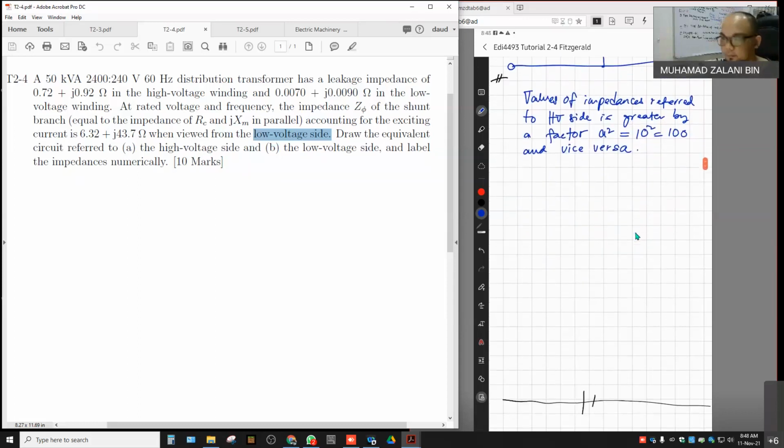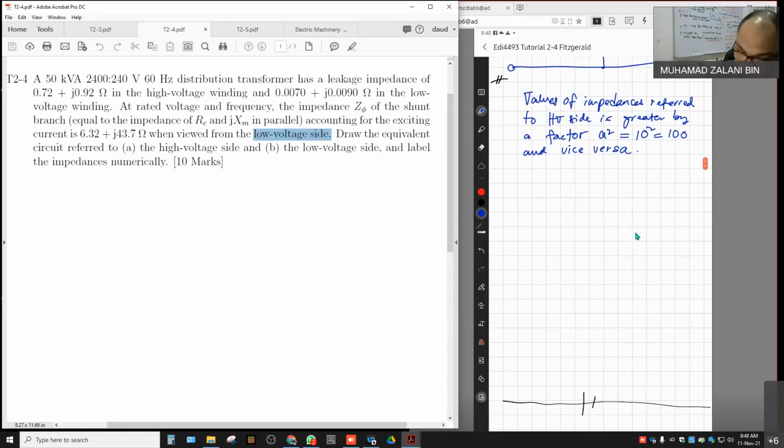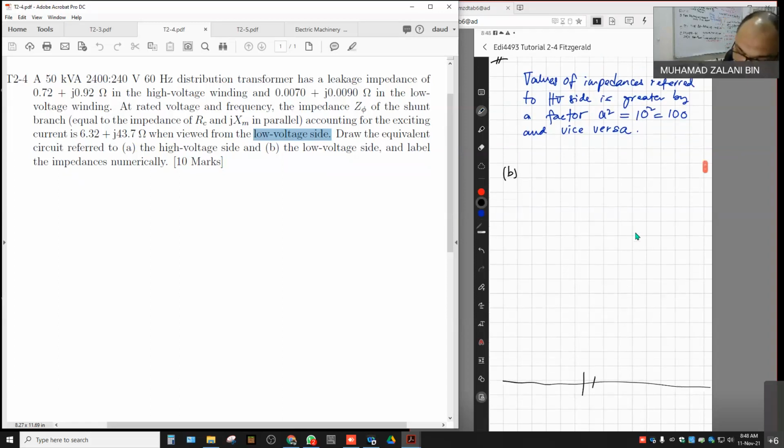Okay. That's it. So we are going to continue answering B. For the equivalent circuit referred to the low voltage side.